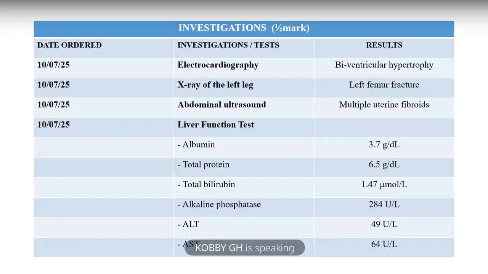Now, in the investigations, I'm not expecting a smart student to go and search for any investigation because, internationally, the standard way of diagnosing stroke is CT scan. No doctor will diagnose a patient's stroke without using a CT scan. So it is up to you to know that from medicine so that you don't waste your time searching. You write CT scan, you know the results. The results will be the diagnosis of the patient.